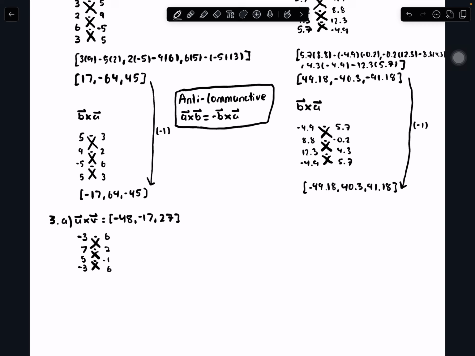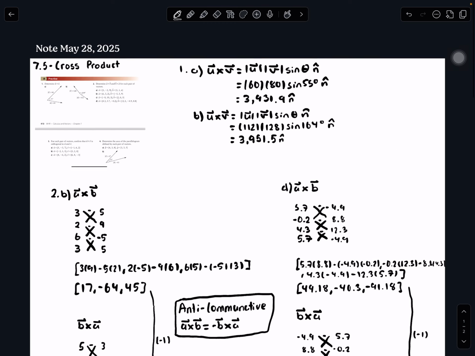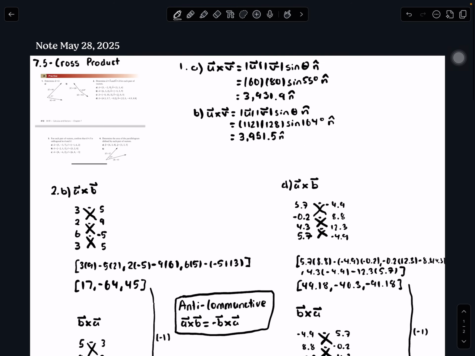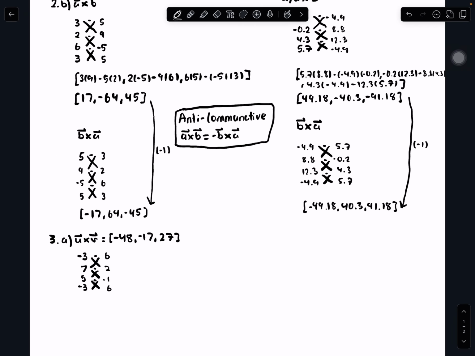Okay? So it's also asking the question that confirm that U cross V is orthogonal to U and V. So a surefire way we know to confirm orthogonality is via the dot product, right? So we want to check that U cross V, whatever that is, is orthogonal to U, and U cross V is orthogonal to V. That's what we want to check.